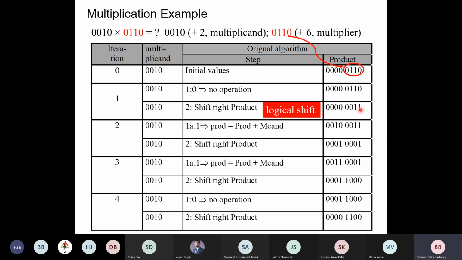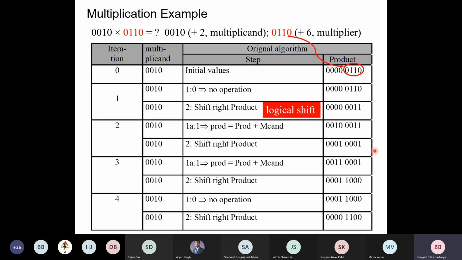And then if the rightmost bit is checked again, this is 1. So we need to add the multiplicand to the product term. And that's what we're doing. What is the multiplicand here? 0010. So that is being added to the left part here. So this becomes 0010 now, and you shift the product right. Keep on shifting.